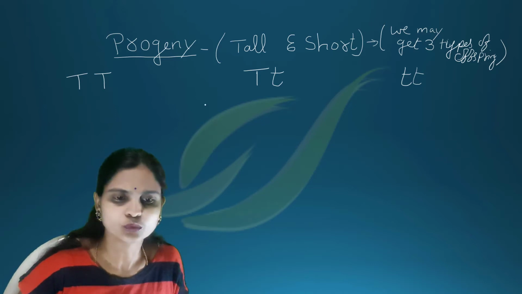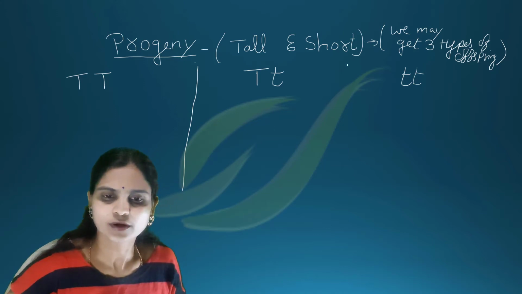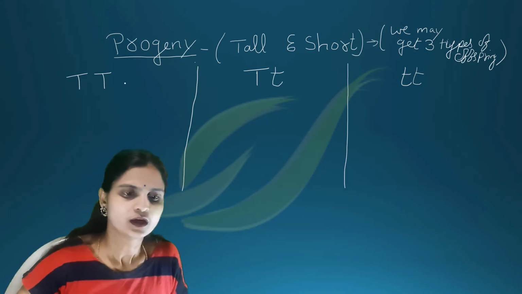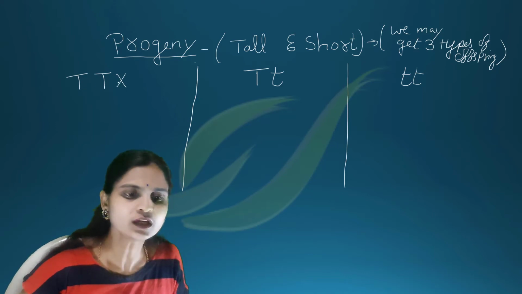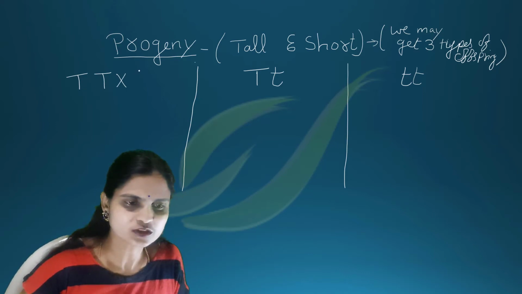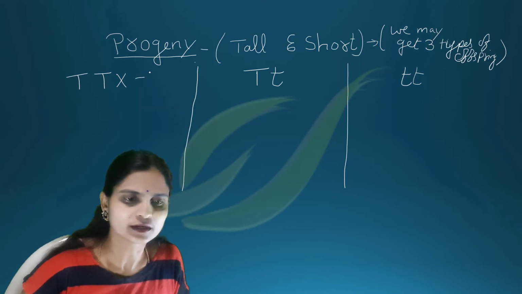If you do the test cross for this, I am doing this in general. Test cross means the progeny should be crossed with the double recessive parent, small t.